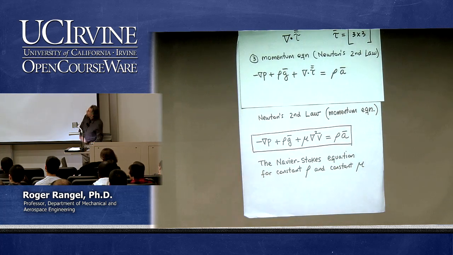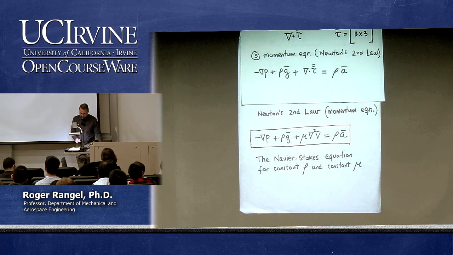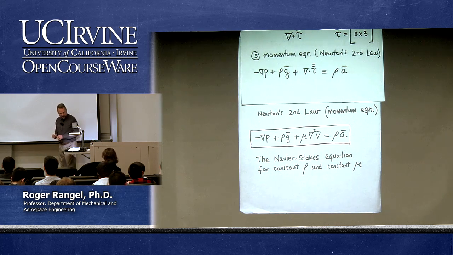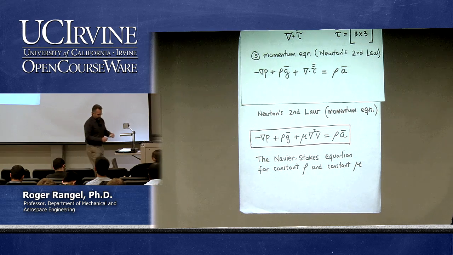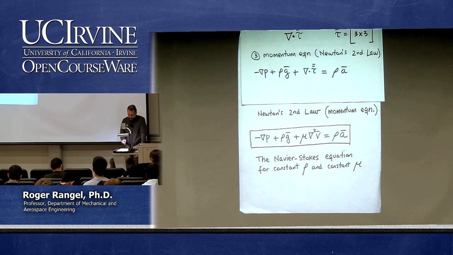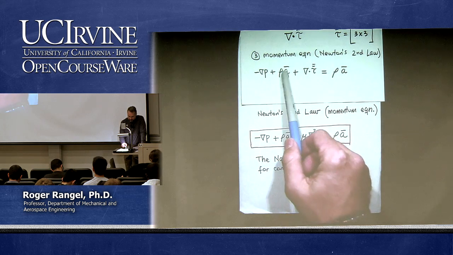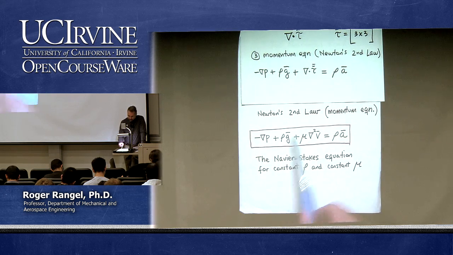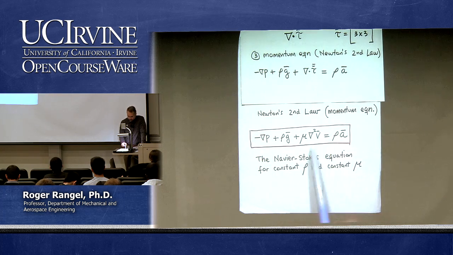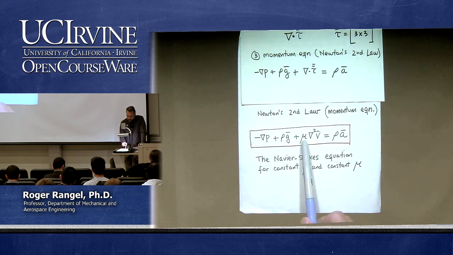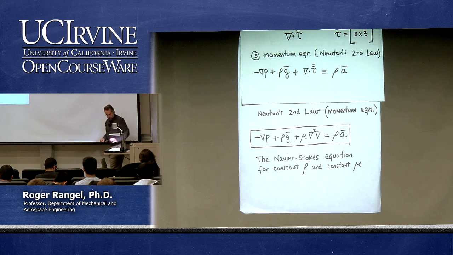So that very same equation, if I write it for a Newtonian fluid that has constant viscosity, the equation that I get is the one here in the box. So again, the pressure term is the same, the gravitational term is the same, the acceleration term is the same, but I have now replaced this divergence of tau with mu, which is the viscosity, times the Laplacian of the velocity.